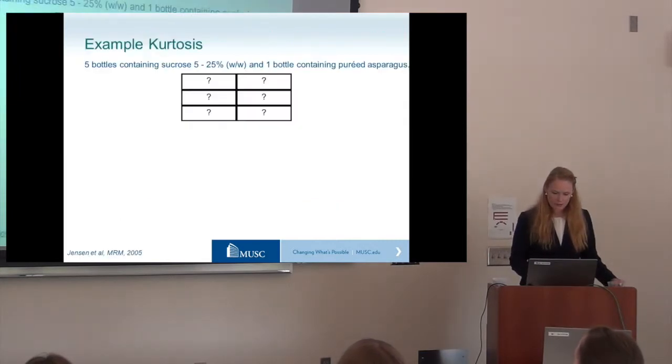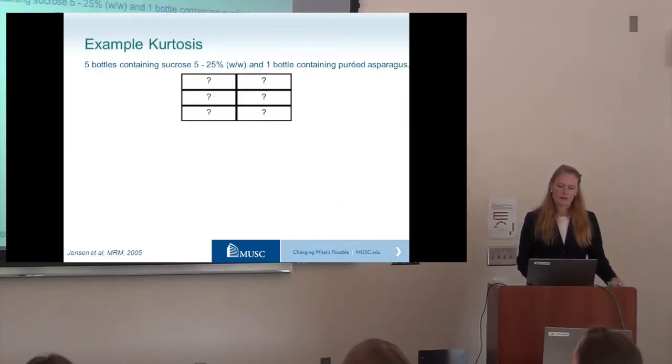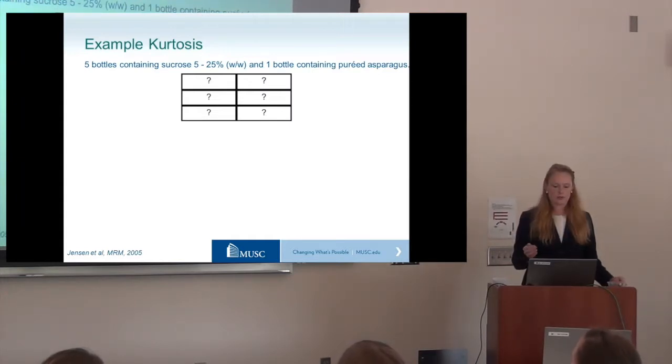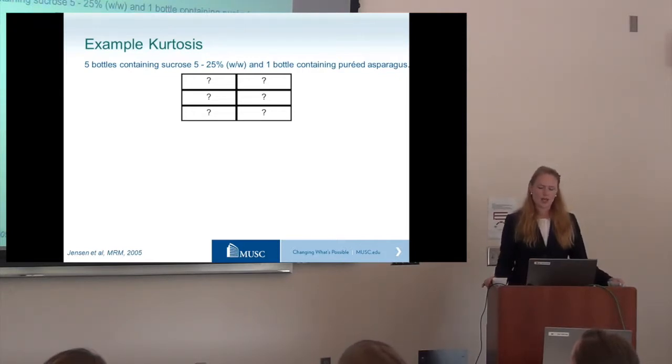I want to give you first a very simple example of how powerful kurtosis could be. This is one of the very first experiments that was done by Dr. Jensen in 2005. Imagine you have 6 vials with different water with sugar in it, so sugar water, in different concentrations.